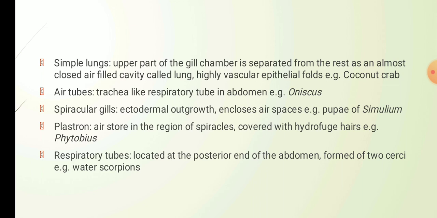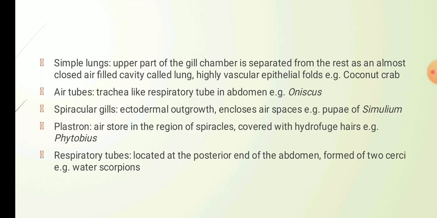The next type of respiratory organ is the spiracular gills. The spiracular gills are ectodermal outgrowths enclosed by air spaces, and they have a connection with the trachea. They are mostly found in the larval or pupal stage, for example in Simulium.